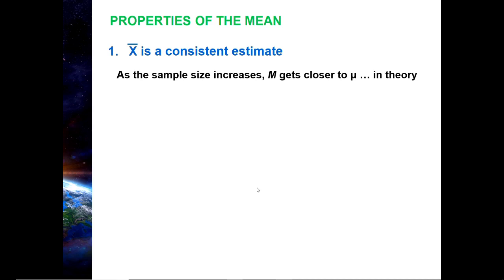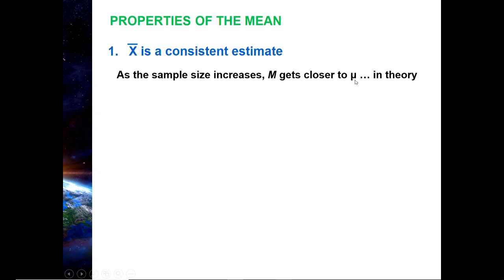As the sample size increases, the mean of the estimate gets closer to the mean of the population, mu. Now, this is a very specific definition as it relates to X bar or M and mu. As you take larger and larger samples, your estimate, X bar, the mean of the sample, gets closer to the mean in the population, at least in theory.